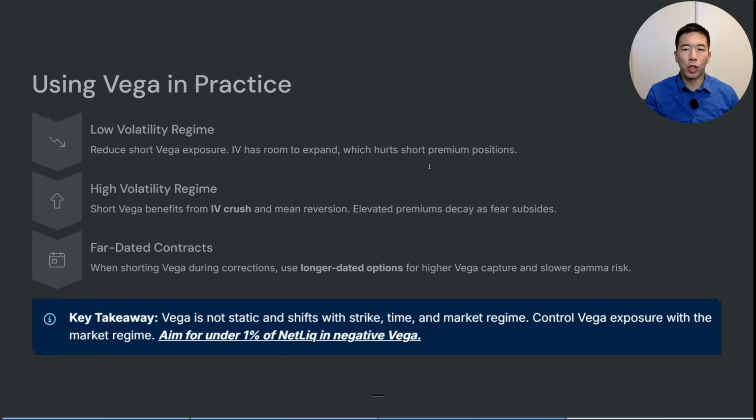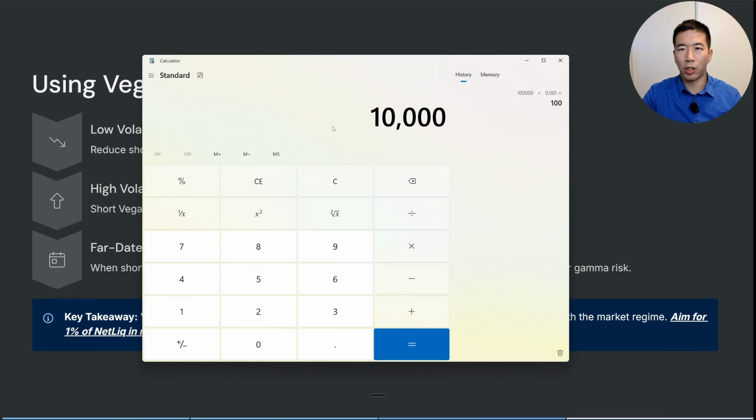So a good practice is to keep 1% of your net liq in negative Vega. So if I pull up a calculator here, if we have a $100,000 account, we want to have about 1% negative Vega. So 1,000 short Vega.